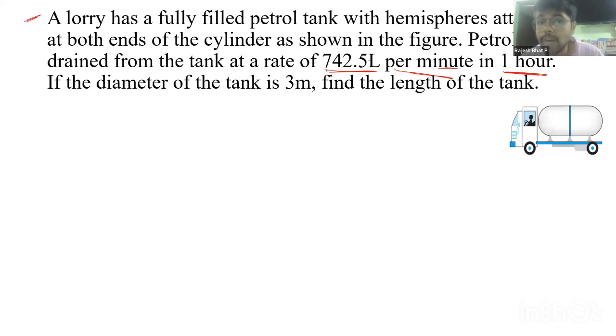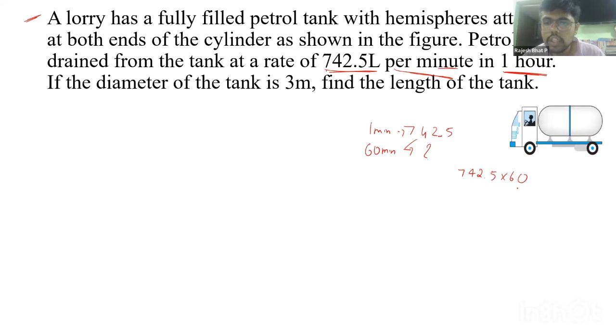Imagine for 1 hour how much it will come. Just multiply. For 1 minute, how much petrol is coming? 742.5. Then 1 hour means how many minutes? 60 minutes. Just cross multiply: 742.5 into 60.